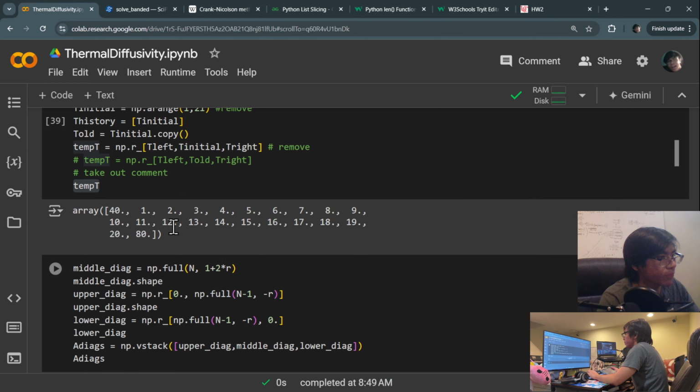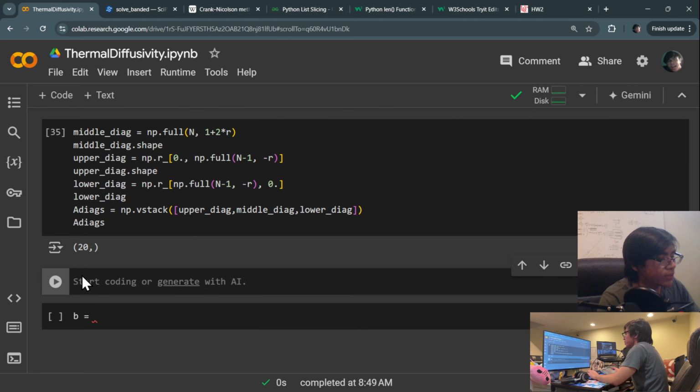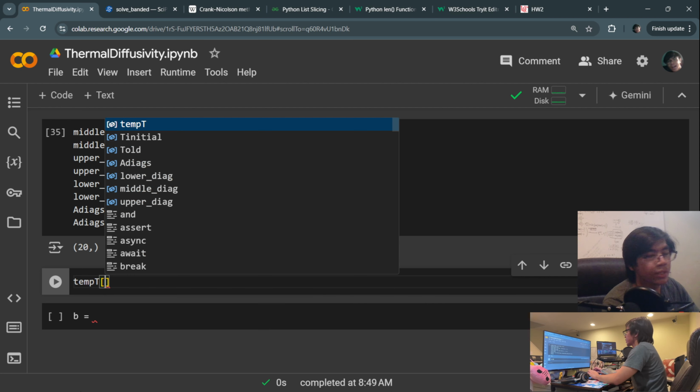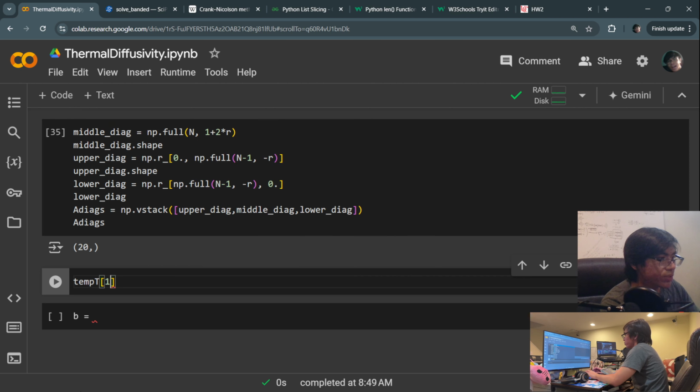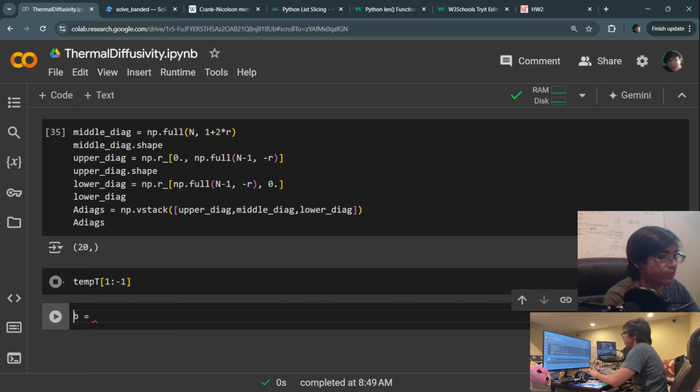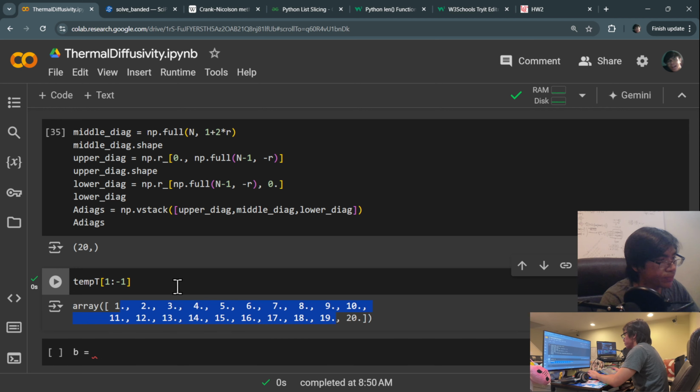So I believe T initial, or temp T. So temp T, to grab our, I guess, known positions. So our positions that are in between, we said that was 1 to -1. Again, those are the temperatures that are evolving, that are changing. So that should be 1 through 20. Awesome.